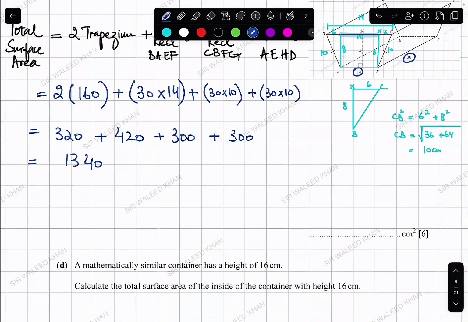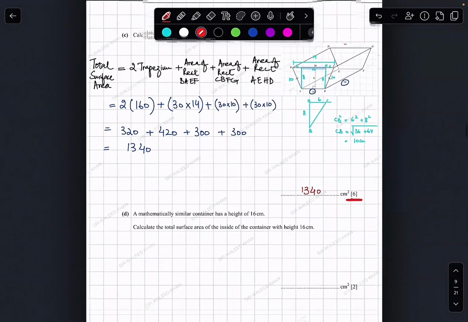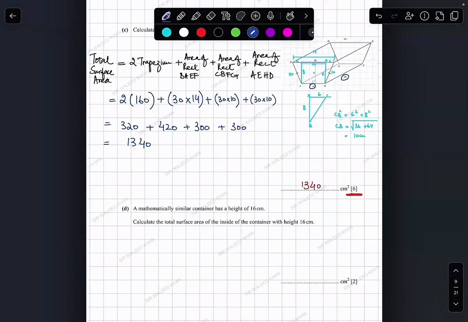My bad, 1340. It's a 6-mark question. If you skip steps, you will lose marks. Ismail, are you listening? Yes? Good.